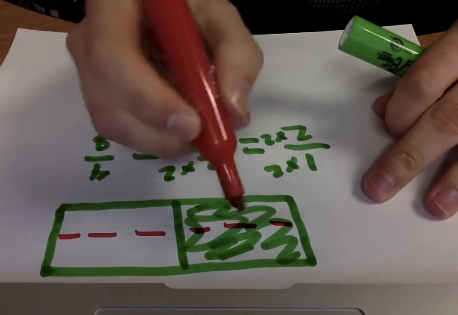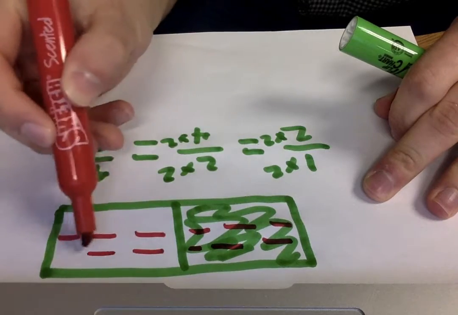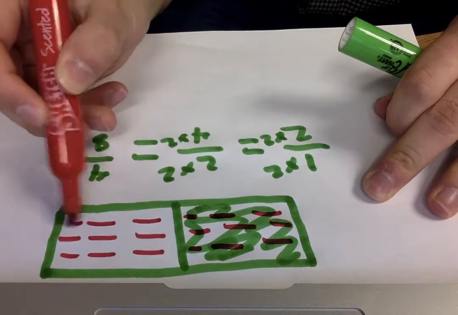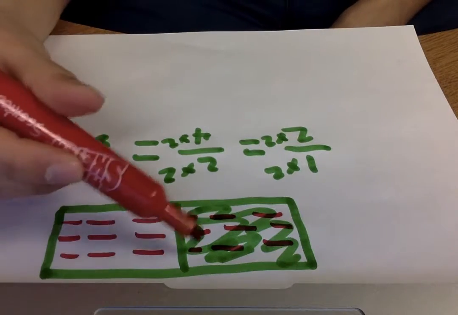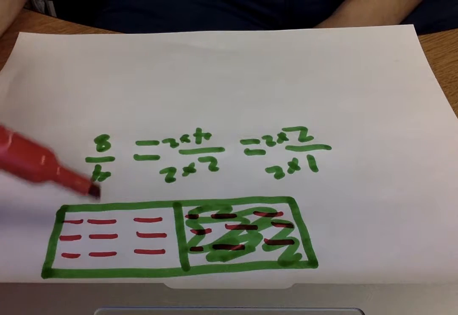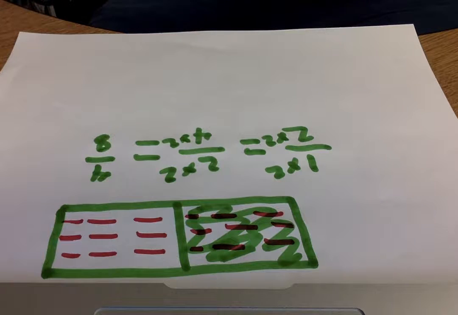And I can show that with my tape diagram by decomposing and partitioning as evenly as possible. So I now have 4 equal parts that are shaded in, 4 equal parts that are not shaded in, still equal to 1/2. I haven't changed anything. I still have the same amount that is shaded in.